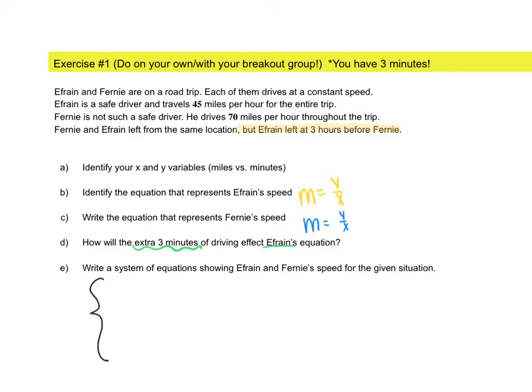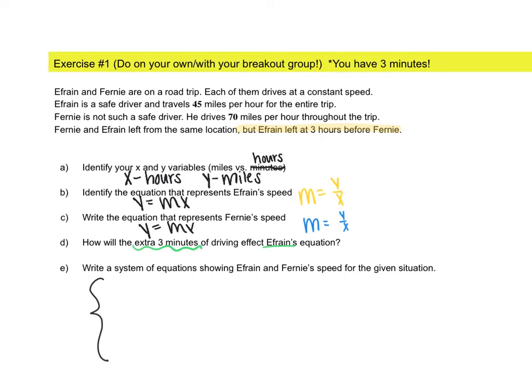All right, the first thing you needed to do was identify your x and y variables. I do apologize, this says minutes, it should say hours. But our x is always time, so our x's are hours, and our y is our miles. You should have identified that with your groups. From there, part B, you need to write an equation for Efrain's speed, and we're writing this in y equals mx format.